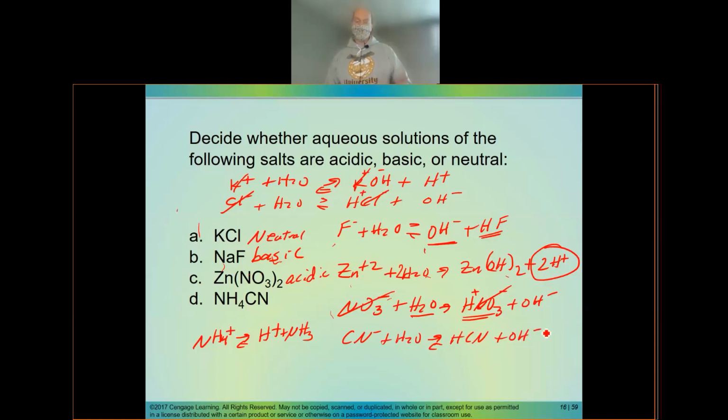And that says it's going to be base. So this one says acidic. This one says basic. And so we need more information. We have to have the Ka for our NH4 plus. We have to have the Kb for the CN minus in order to get the answer to this problem.